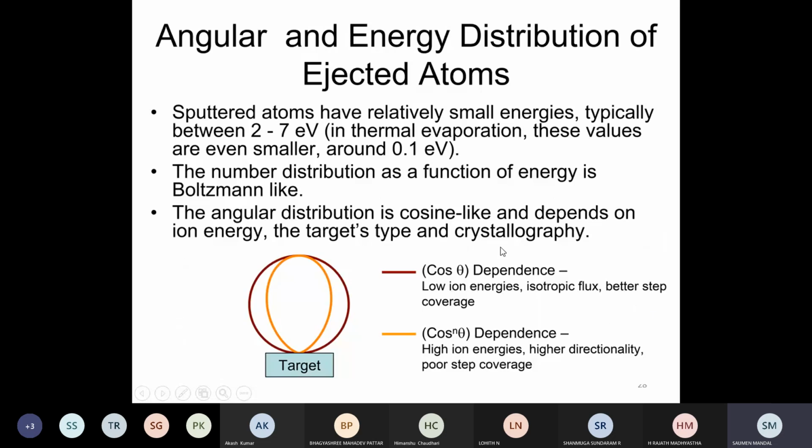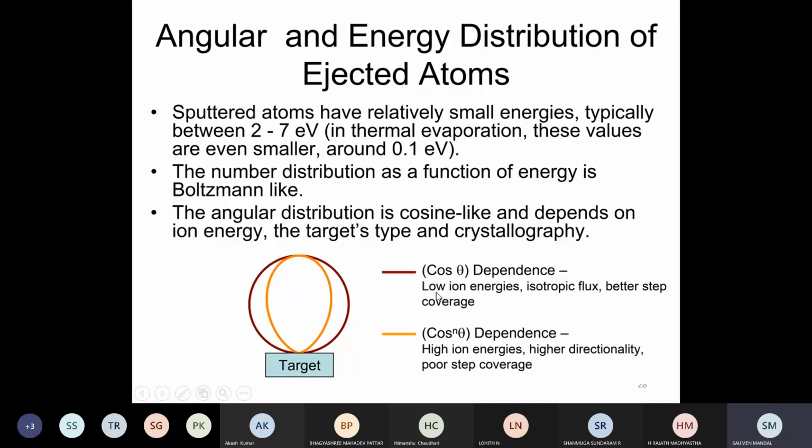And now the angular and energy distribution of the ejected atoms. In sputtering, it follows a cos theta dependence, because atoms eject from the target, and there are millions of atoms coming, and of course they follow some trajectory, which we call the cos theta dependency.